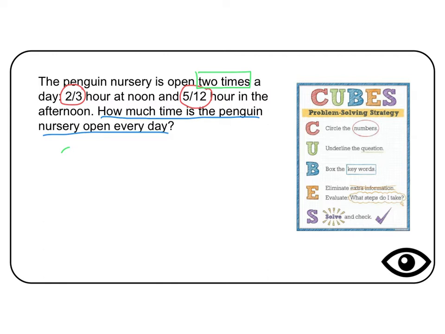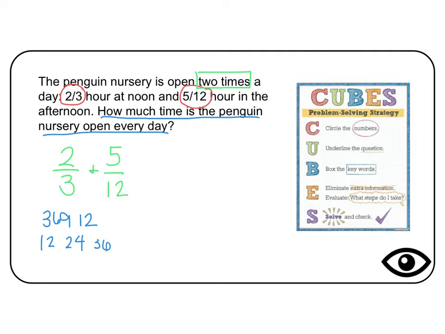So we're going to add 2/3 plus 5/12. 2/3 and 5/12 do not have common denominators, so we need to find a common denominator. So we can count 3, 6, 9, 12, 24, 36. Oh, look at that.